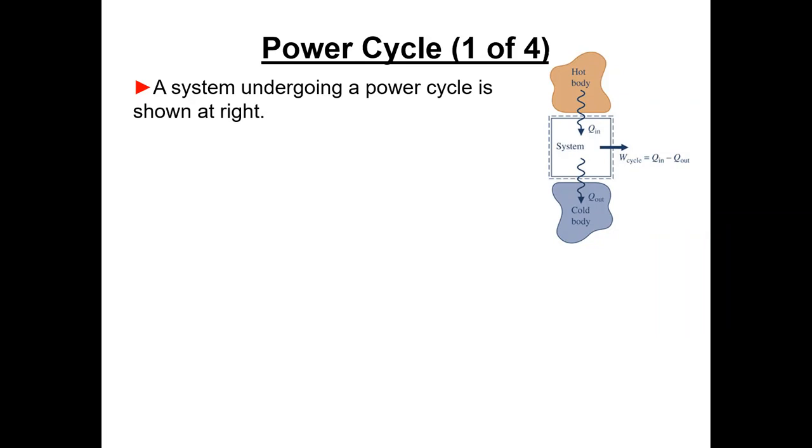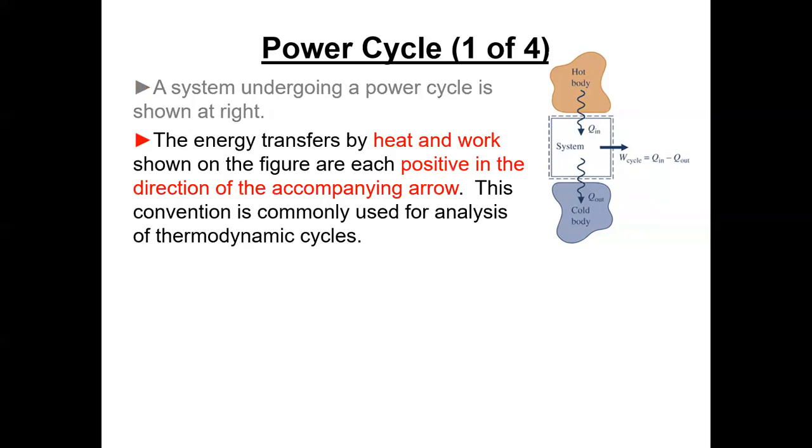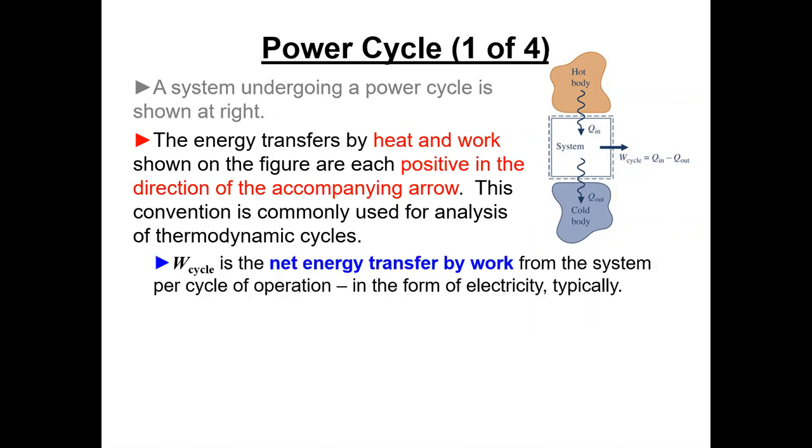Chapter two is your friend. It's all pretty straightforward. Energy transfers by heat and work shown in the figure are each positive in the direction of the accompanying arrow. This convention is commonly used for analysis of thermodynamic cycles. So we'll use that on the refrigeration cycle and the heat pump as well.